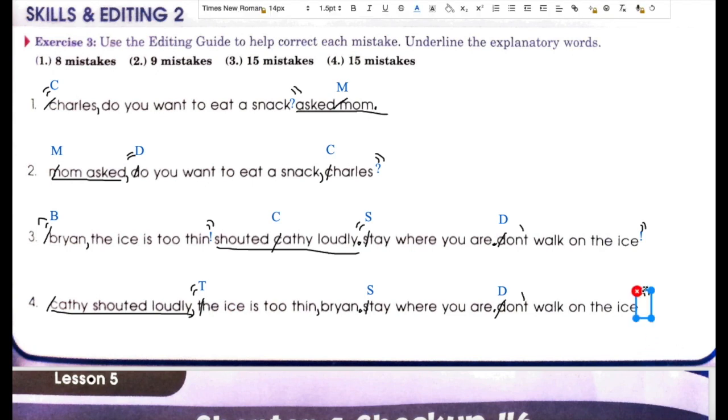Put in an exclamation point. We're showing strong emotion. Okay, let's count our mistakes. Oh, I should have written a C there. Let's count our mistakes. 1, 2, 3, 4, 5, 6, 7, 8, 9, 10, 11, 12, 13. What am I missing? Oh, I need to capitalize Brian.